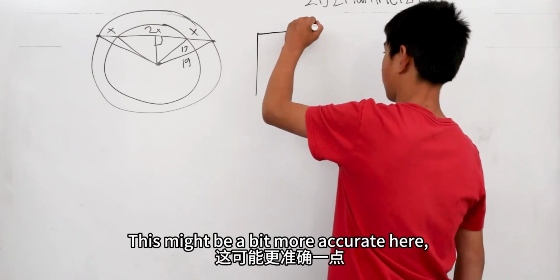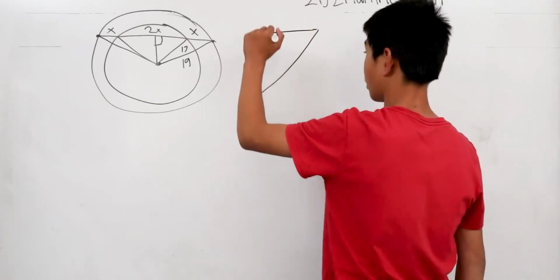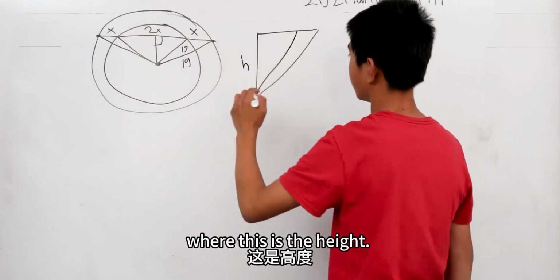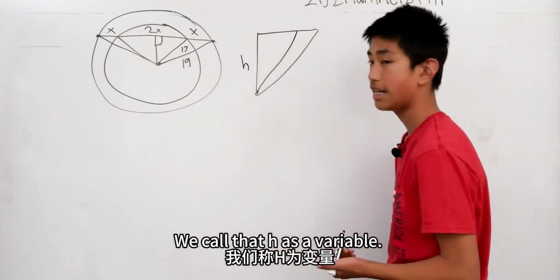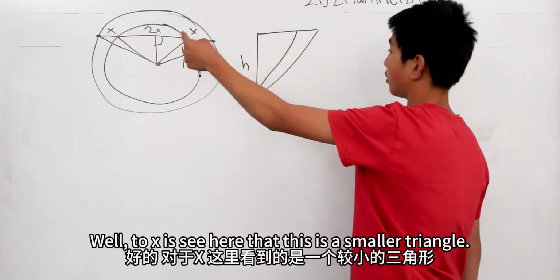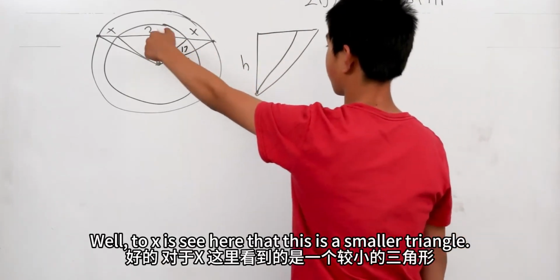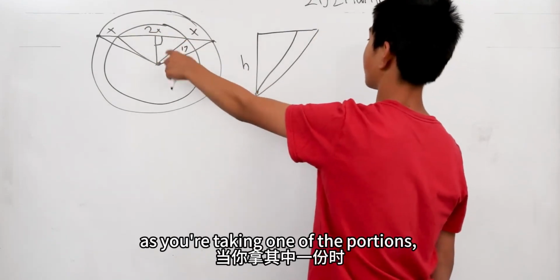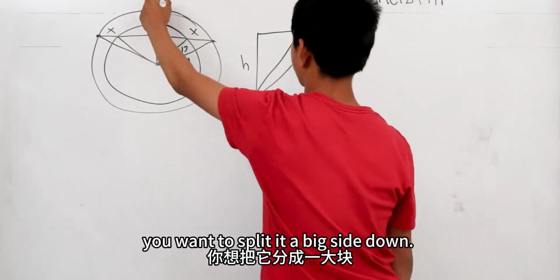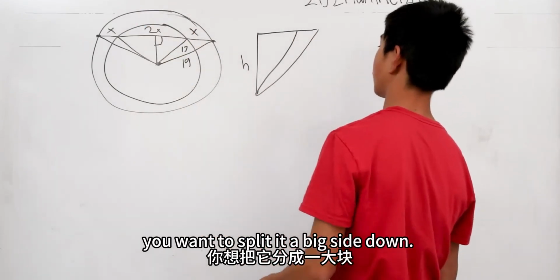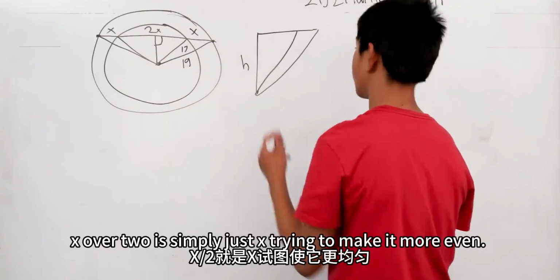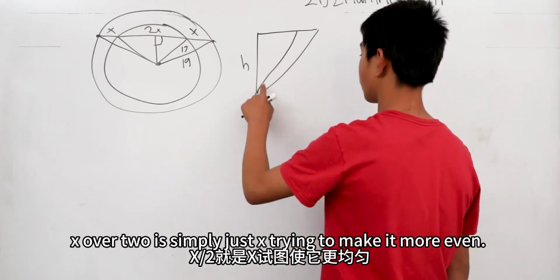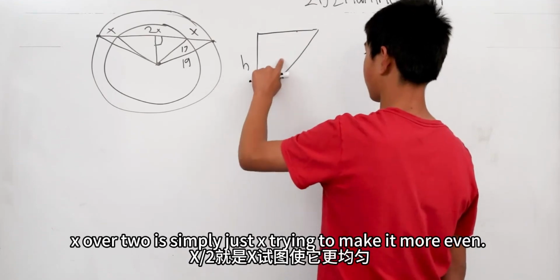So this might be a bit more accurate here. Where this is the height, we call that h as a variable. Well, 2x, see here that this is a smaller triangle. When you break that in half, as you're taking one of the portions, you want to split the big side down with this big triangle. 2x over 2 is simply x.